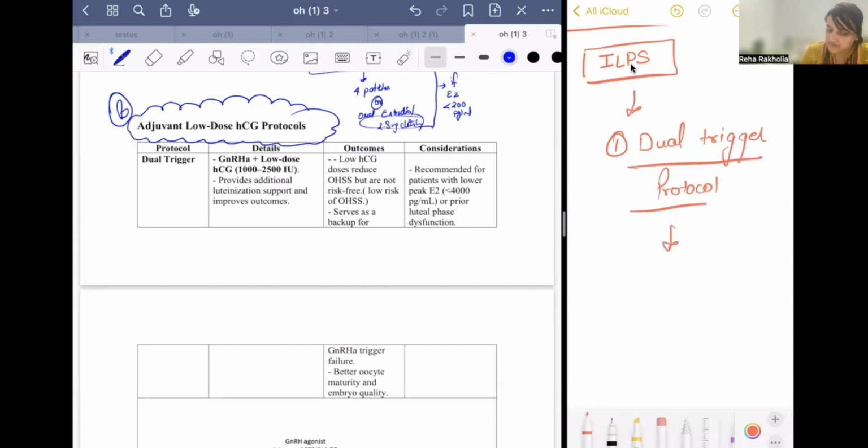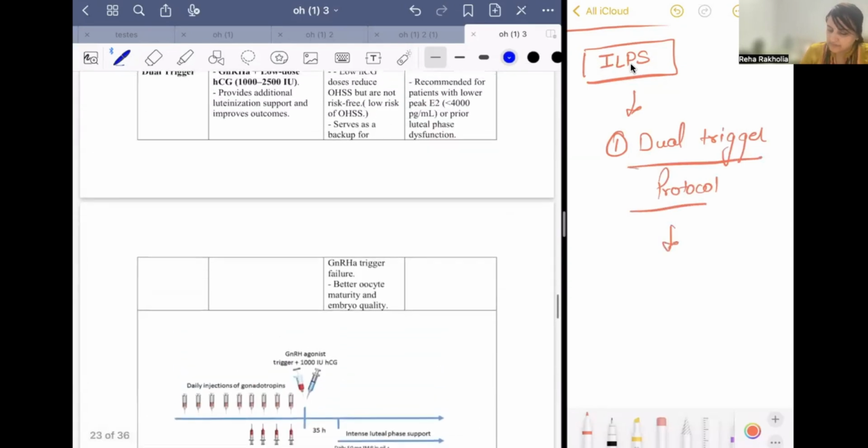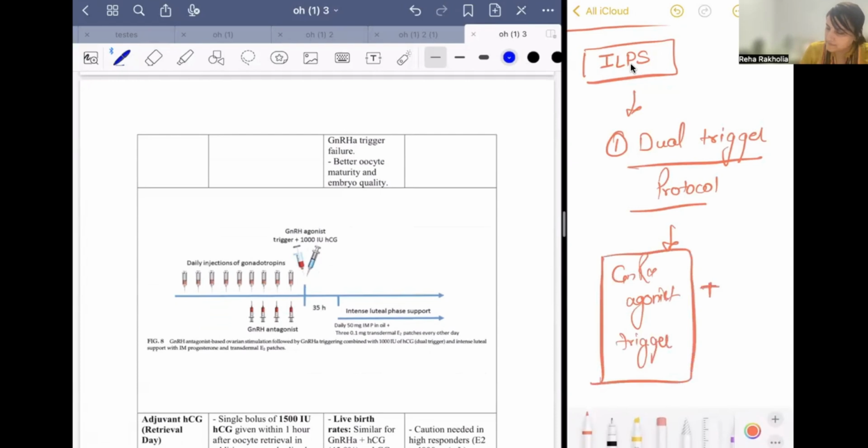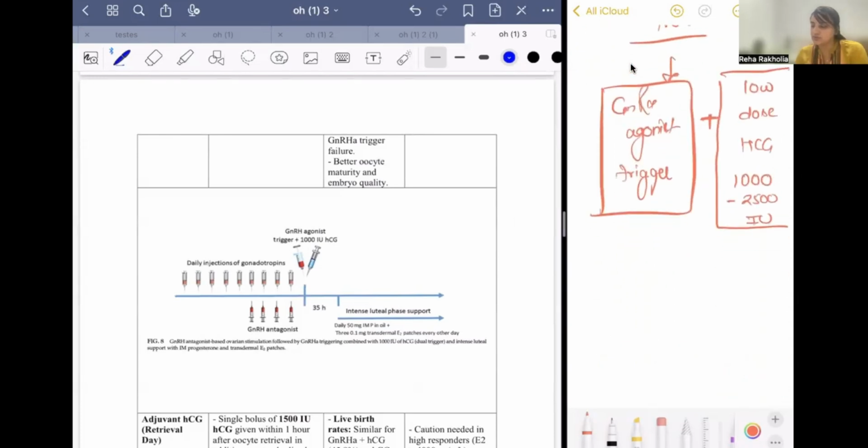This method uses both GnRH agonist trigger plus low dose HCG, that is 1000 to 2500, simultaneously.